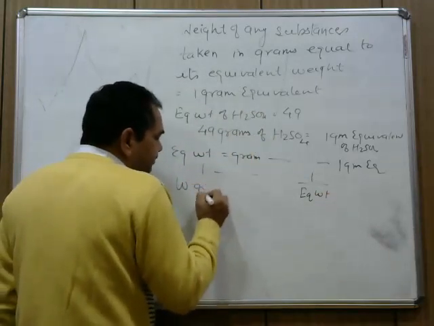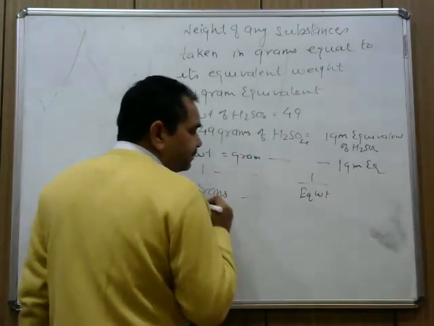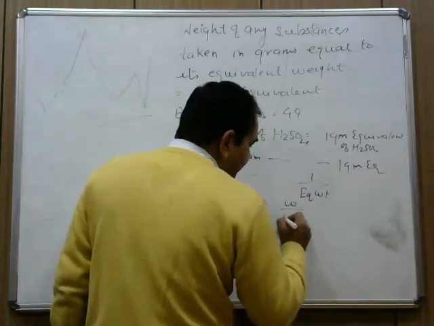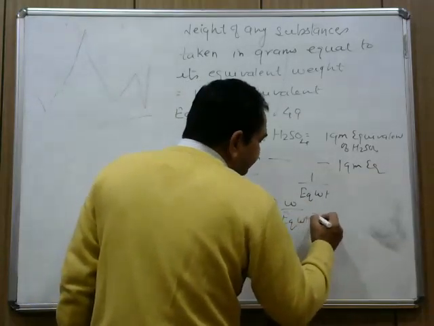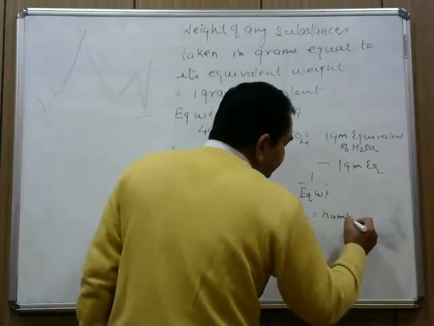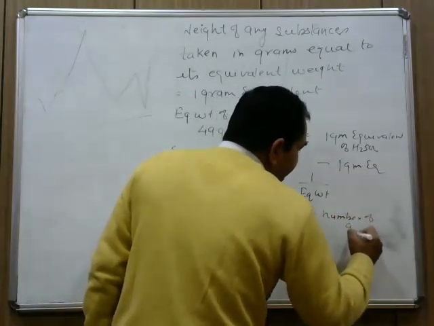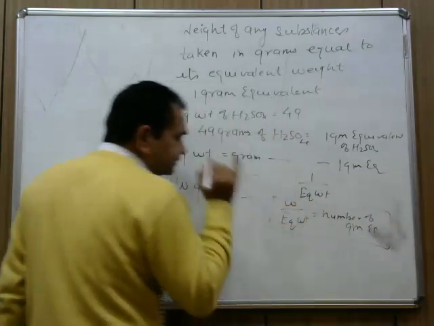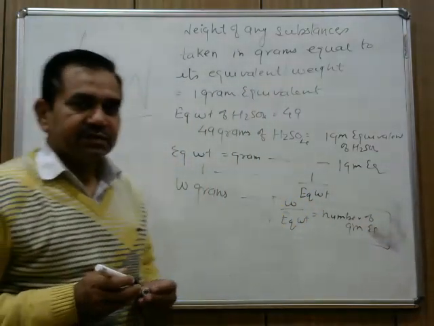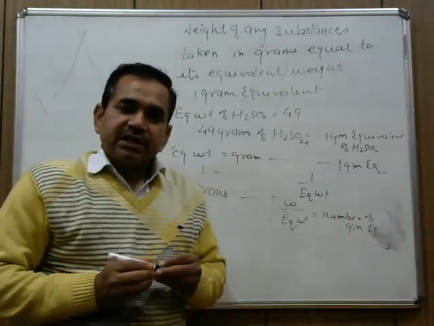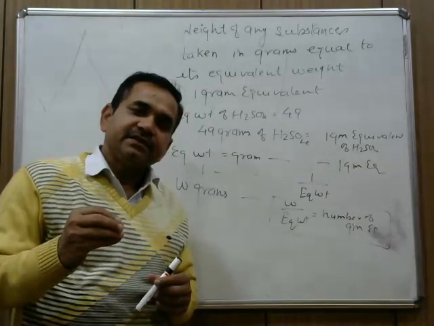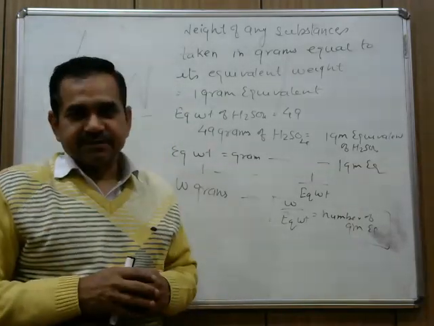Or if we take W grams of any substance, then W upon equivalent weight gives the number of gram equivalents. So this was the preface required to understand normality.